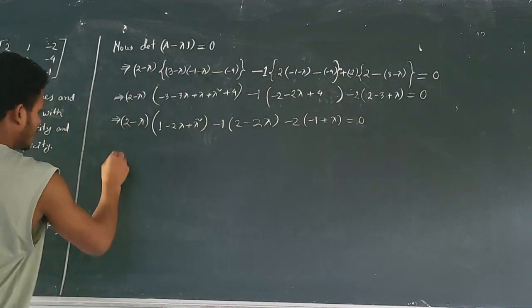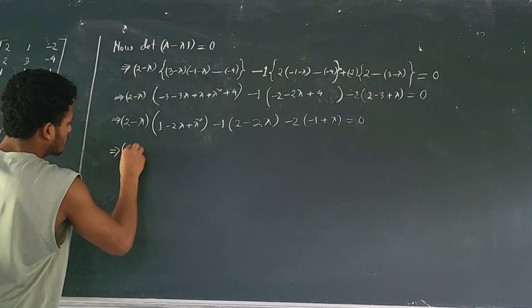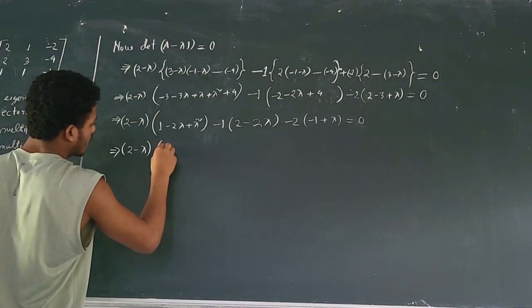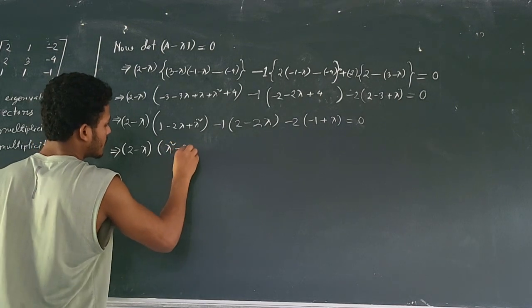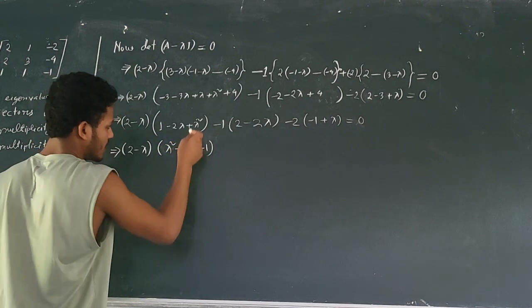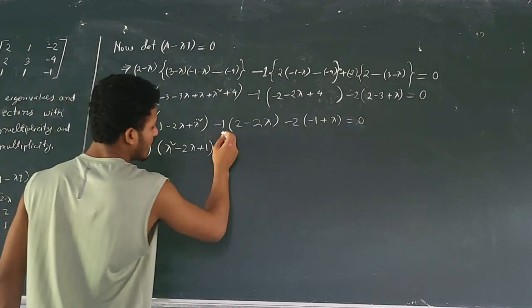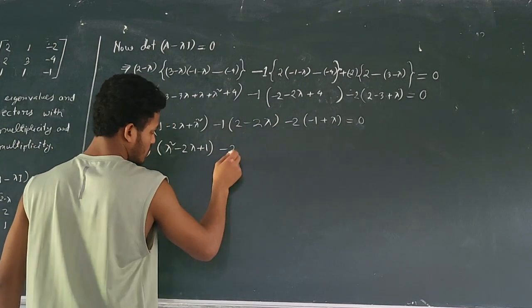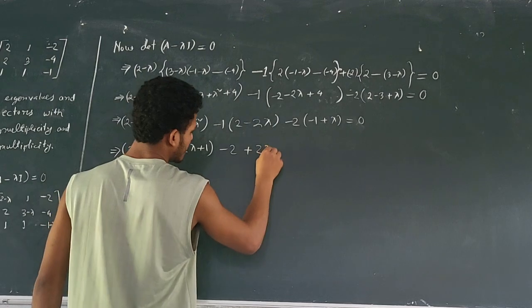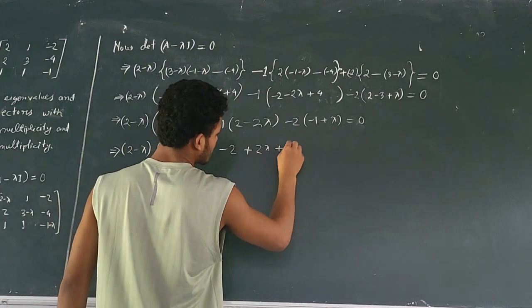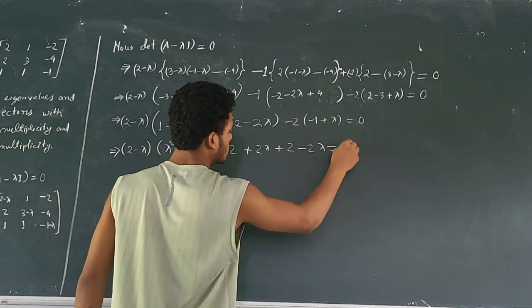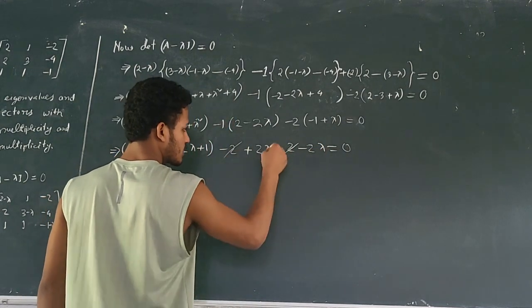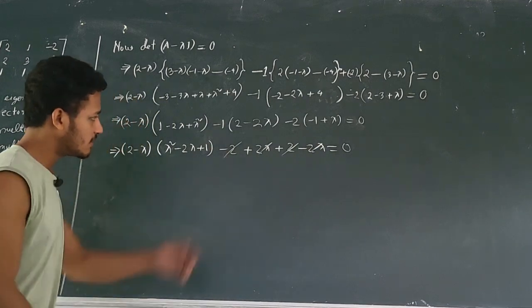Now look, it will be 2 minus lambda into 1, right, here lambda square minus twice lambda plus 1. This is this, and this is minus 1 into 2 minus 2, and it will be plus twice lambda, and plus 2, and minus twice lambda. Now look, this minus 2, this 2, okay, cancel.